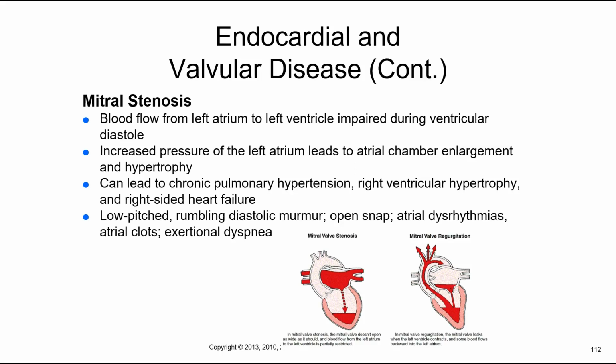Now, the lungs are going to the left side of the heart, and that aorta is going to the body away from the left side of the heart. So if you have a problem moving blood forward through the left side of the heart, that means there may be backup into the lungs.